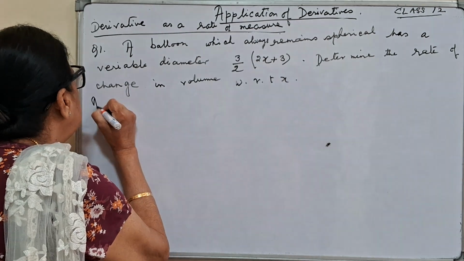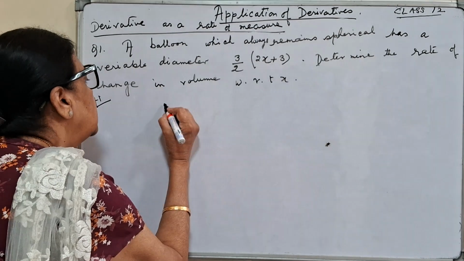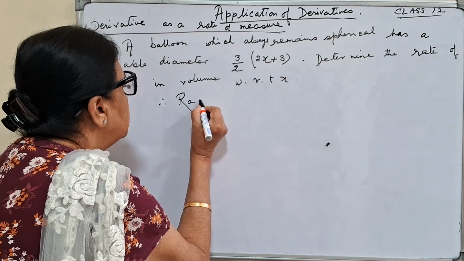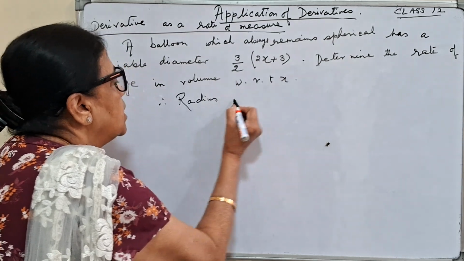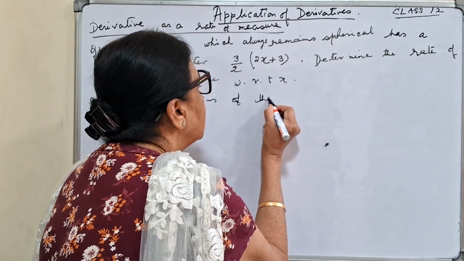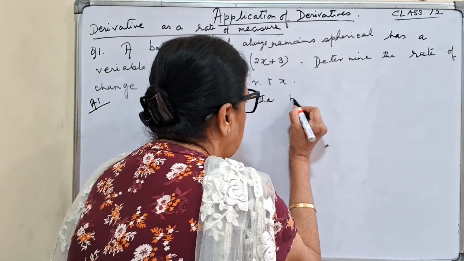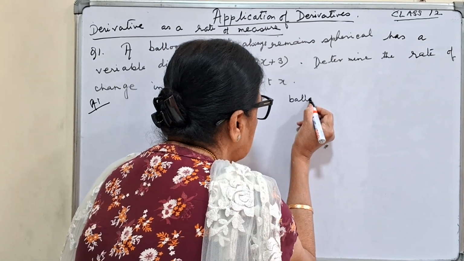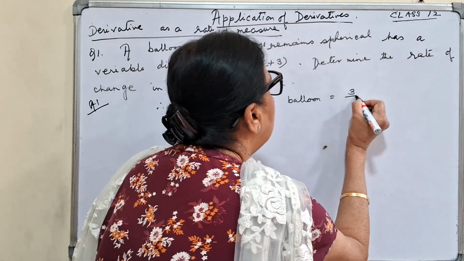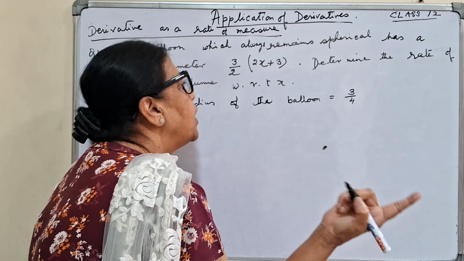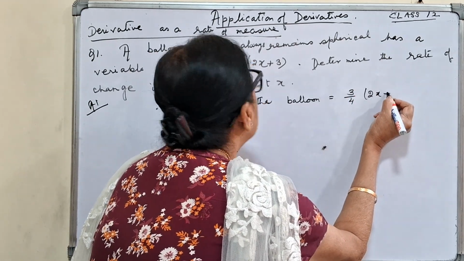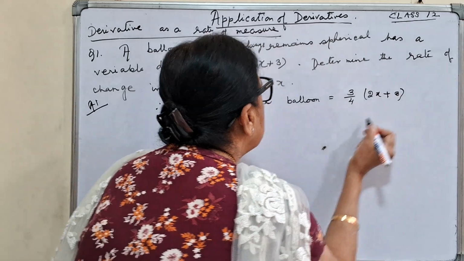Now, this is the given diameter. Therefore, answer: the radius of the balloon is half of (3/2)(2x plus 3), that is (3/4)(2x plus 3).